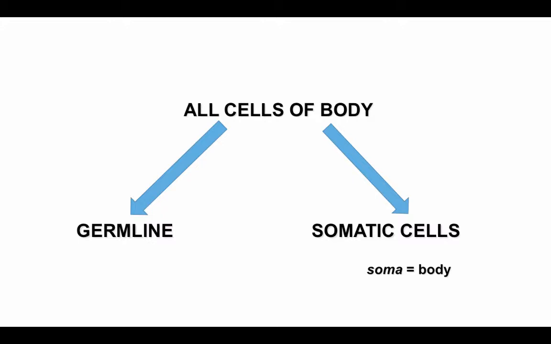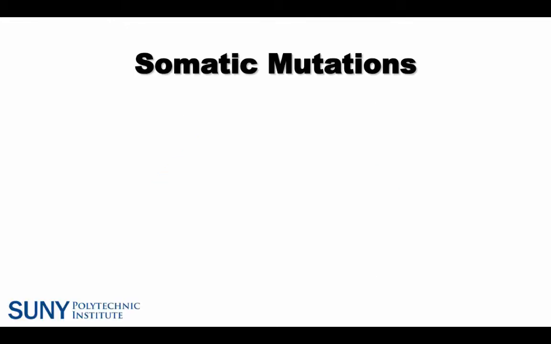If any of this preceding information is confusing or unfamiliar, please refer back to the Chapter 2 notes. This is all review. Mutations that occur in somatic cells are known as somatic mutations, and mutations that occur in the germline are referred to as germline or germinal mutations.